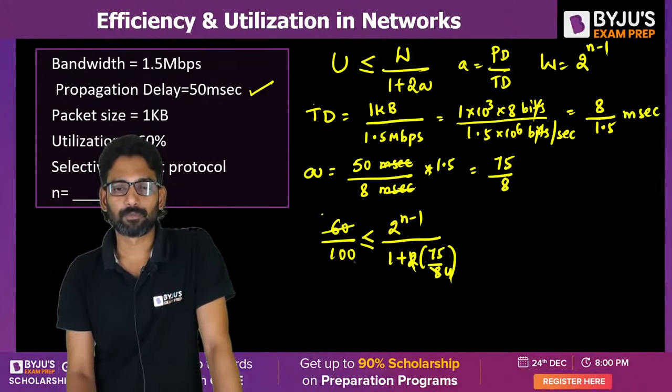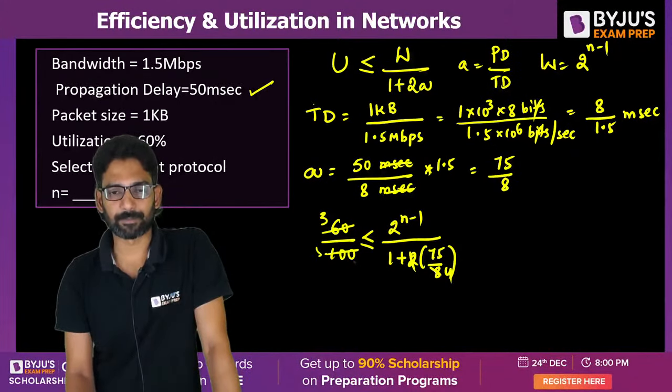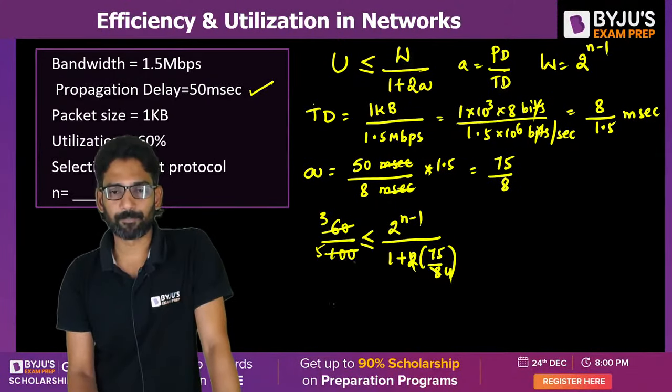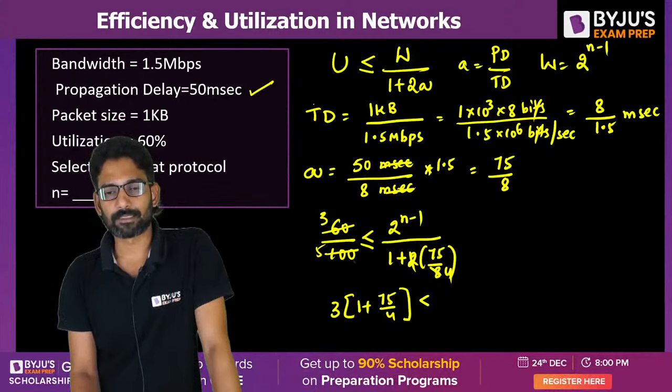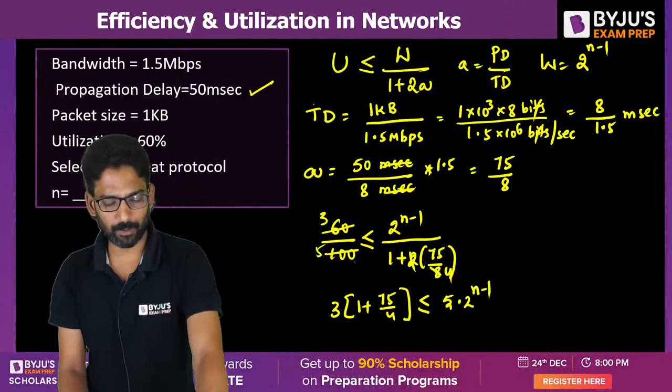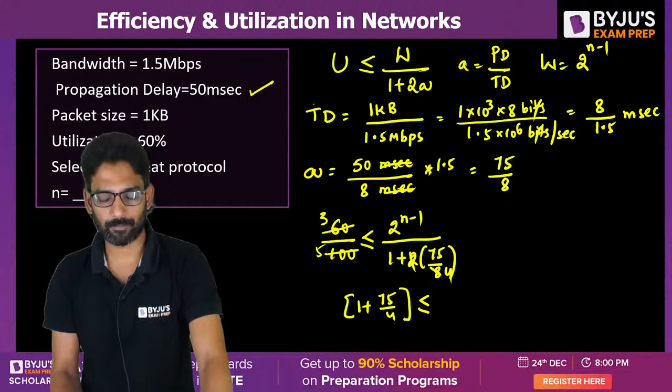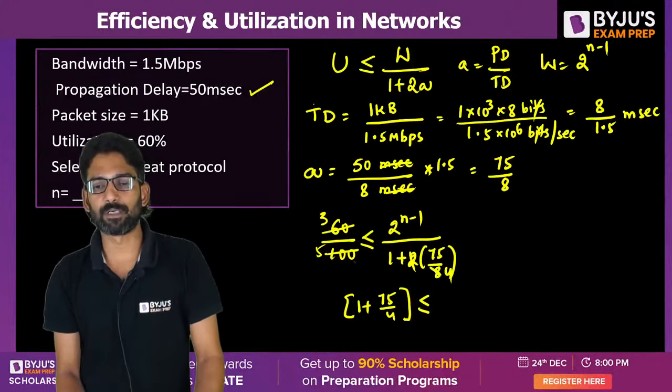Now cross multiplication I am doing. 3 into 1 plus 75 by 4 less than or equal to 5 into 2 power n minus 1. Let it be here only because we ultimately want n.